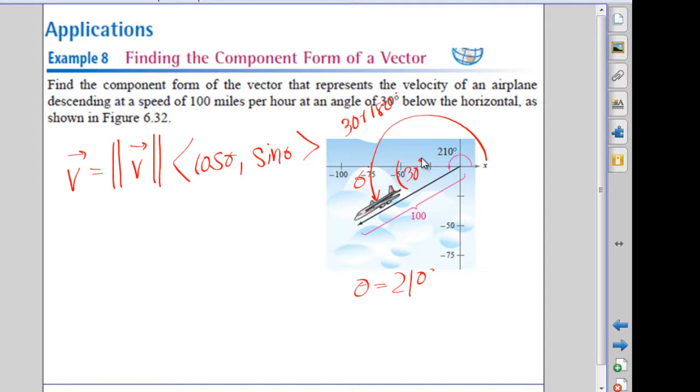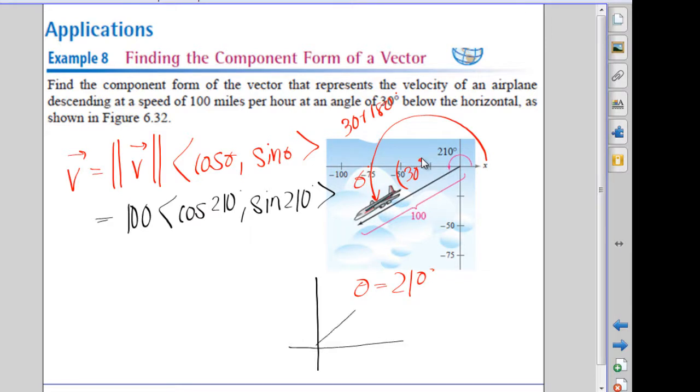So plugging in numbers, the magnitude, of course, is the speed of the airplane, so 100. So now I've got cosine of 210 degrees, sine of 210 degrees. Now, using the reference angle of 30 degrees, I know that cosine of 30 degrees is root 3 on 2, and the sine of 30 degrees is 1/2.